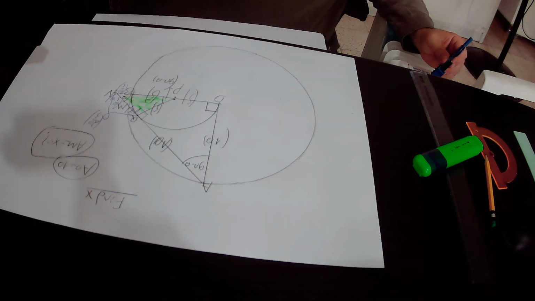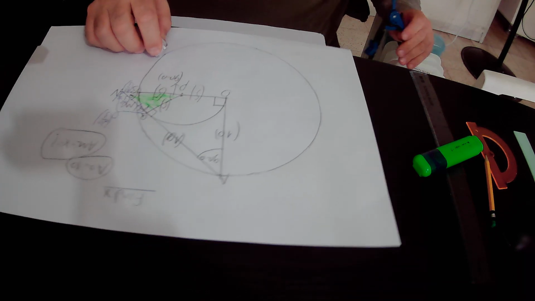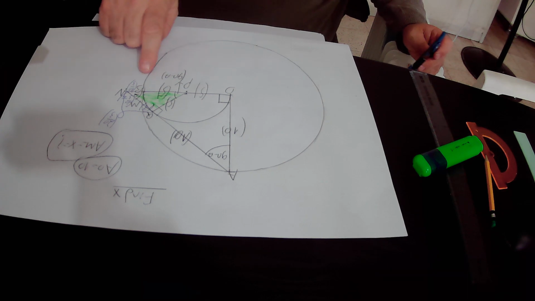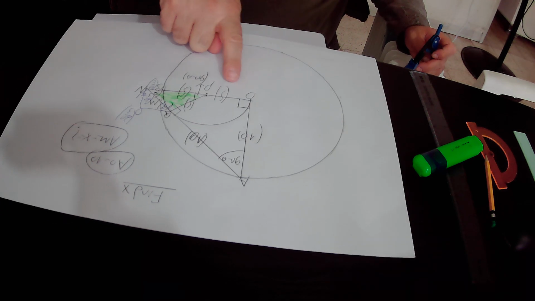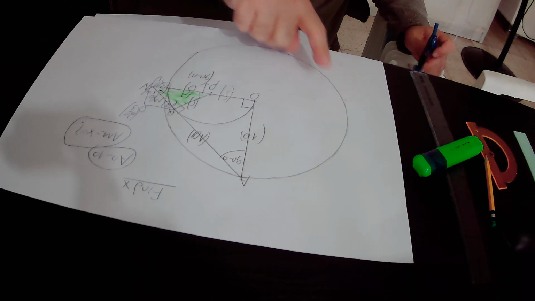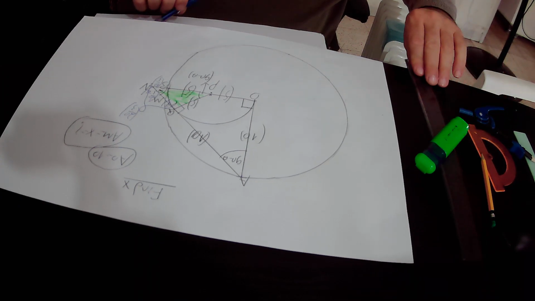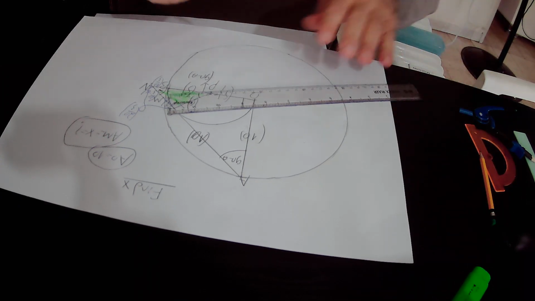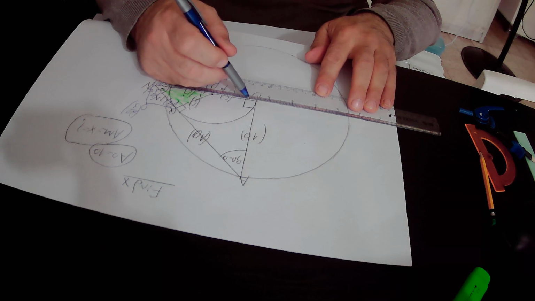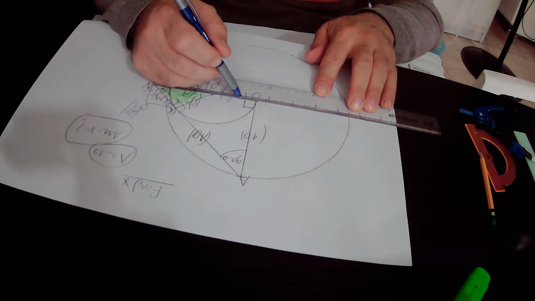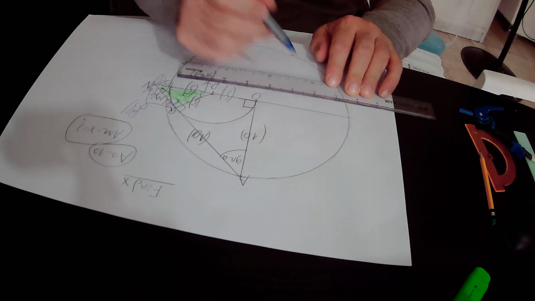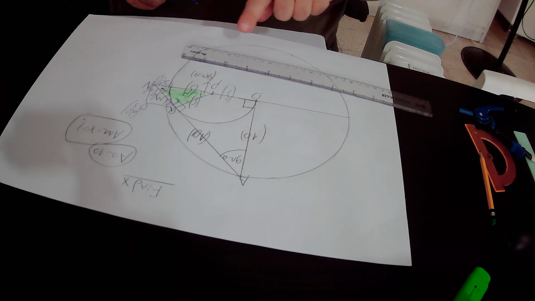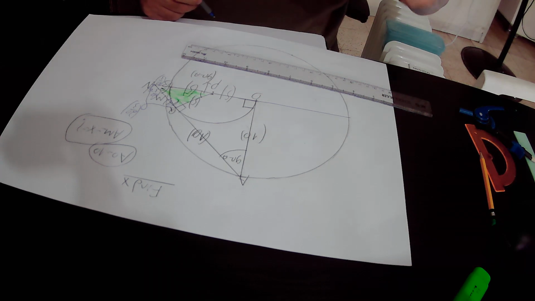So we actually completed this quarter circle to a circle, and we will extend side BO by a straight line until it touches the circle. And we'll define the touching point of the extended side BO with this circle as C.